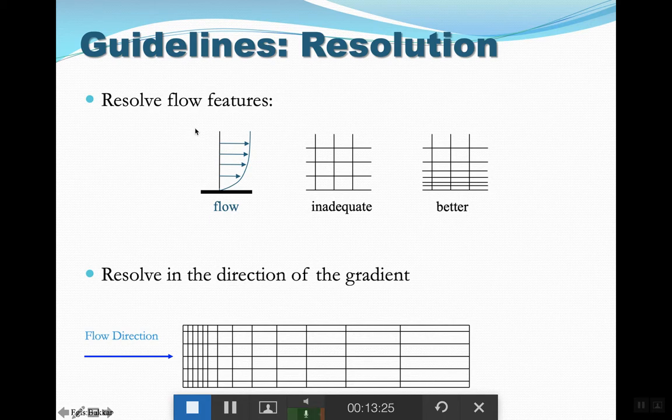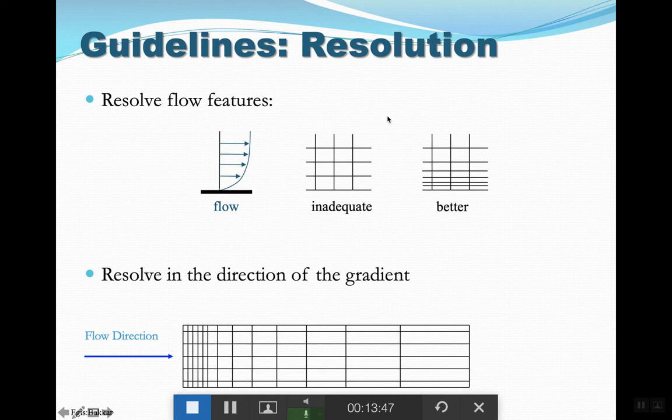Or even worse, if I put 1 cell in here, I won't see the change in velocity from 0 to whatever it is at all. So resolving a flow feature means putting enough cells, or in other words, enough calculation points, computation nodes, to be able to see that feature clearly.